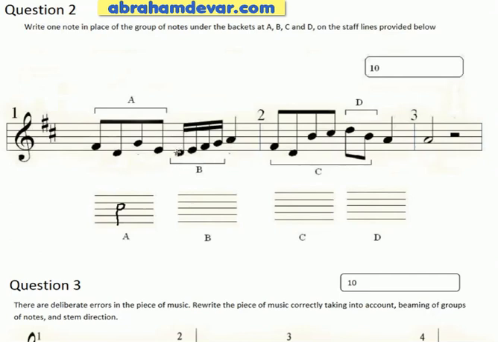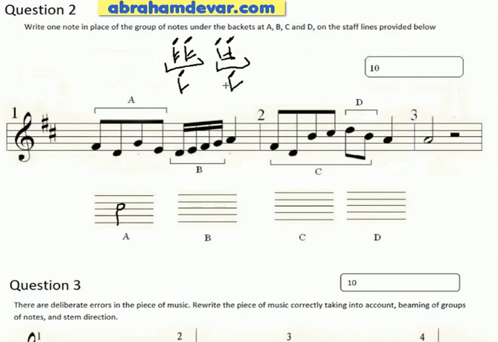Let's go to B, and we have 4 semiquavers. So 4 semiquavers would look something like that. 2 of them would make a quaver or an eighth note. 2 16th notes would make an eighth note, and then the other 2 16th notes would make up a quaver.